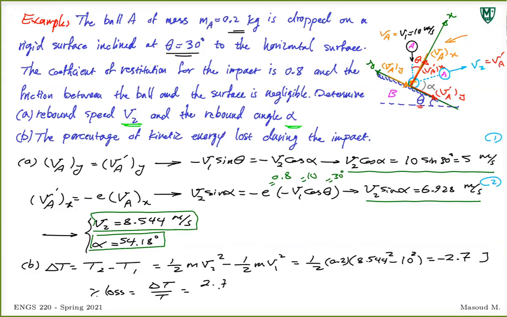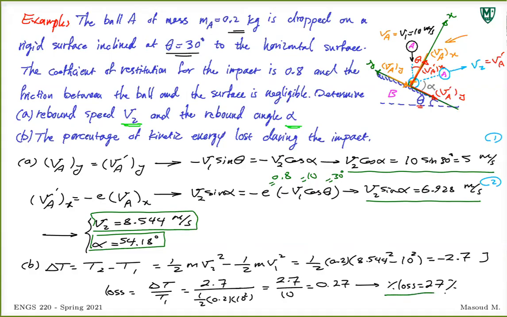This is 2.7 divided by 1 over 2 times 0.2 times 10 squared. 0.1 times 100 is 10. So this becomes 2.7 divided by 10. It becomes 0.27. This is loss, and percent loss, just multiply that by 100. So 27%.